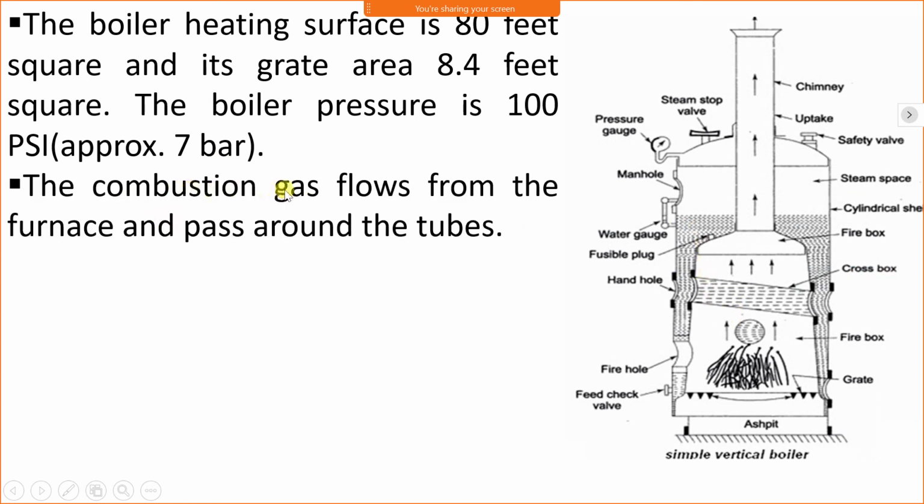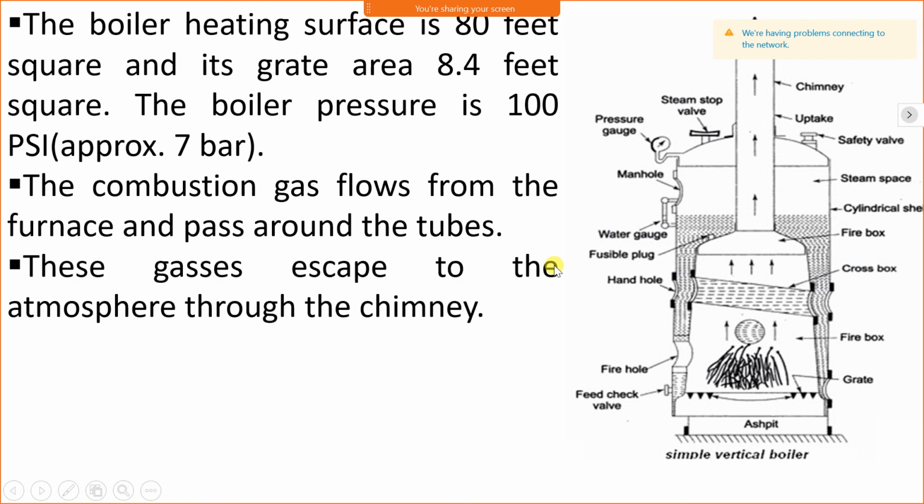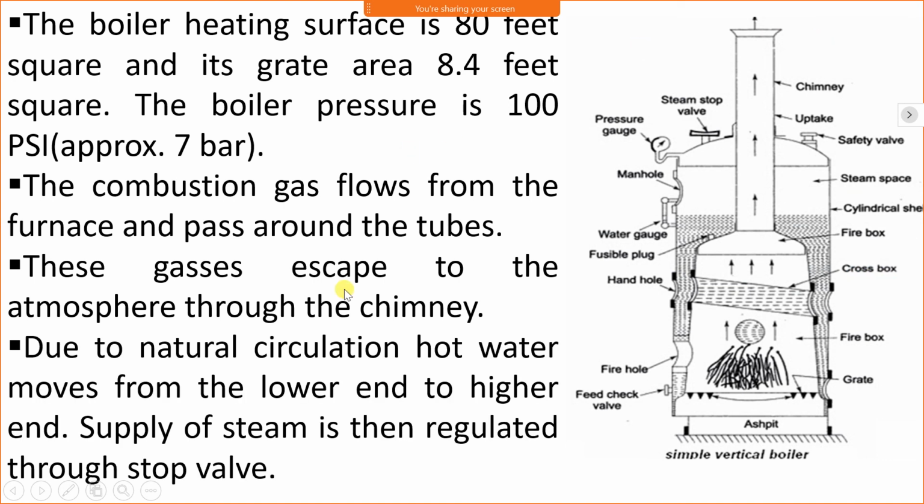The combustion gas flows from the furnace around the tubes. These gases flow in the upward direction and are exhausted to the atmosphere through the stack or chimney.